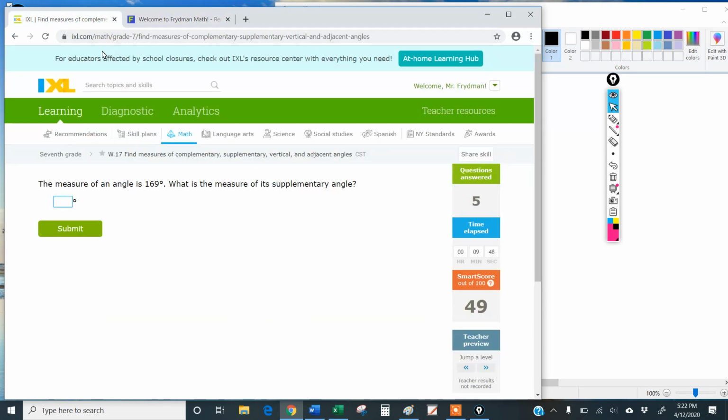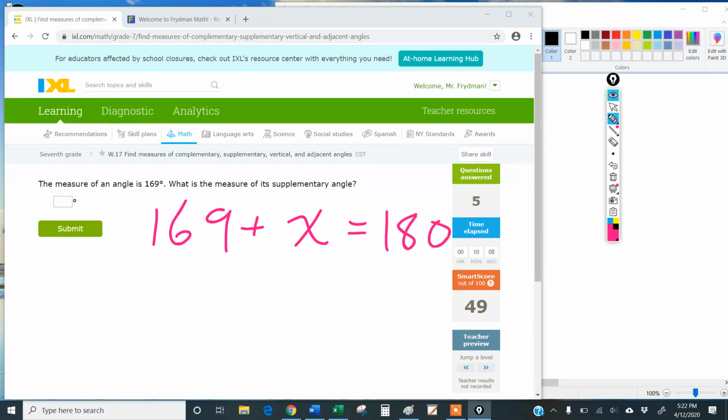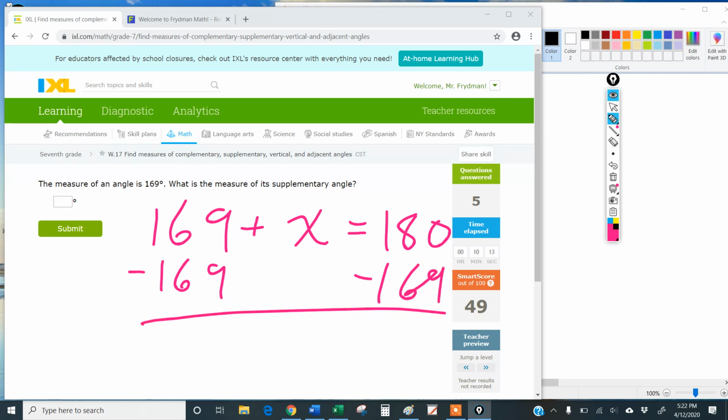So this question is really asking us, what number plus 169 equals 180? 169 plus x equals 180. So we'll just subtract 169 from both sides, and we get x equals 11. Okay, so that angle must be 11 degrees because 169 plus 11 equals 180.